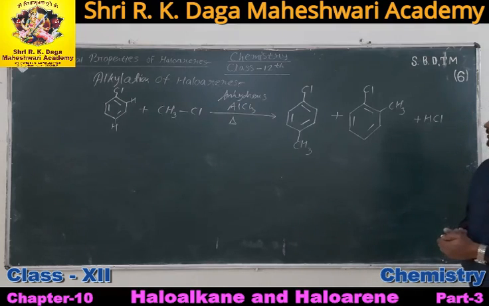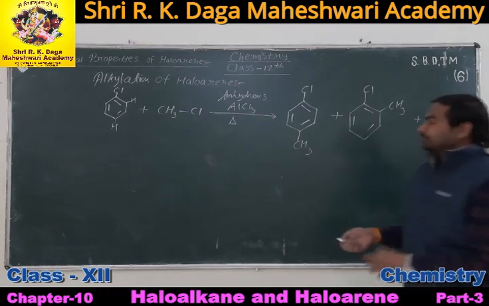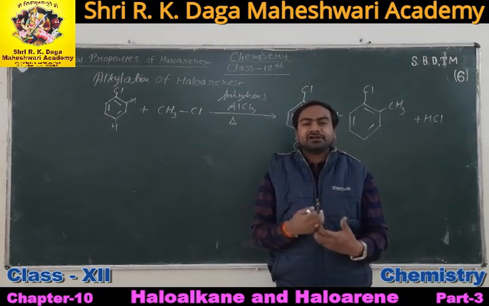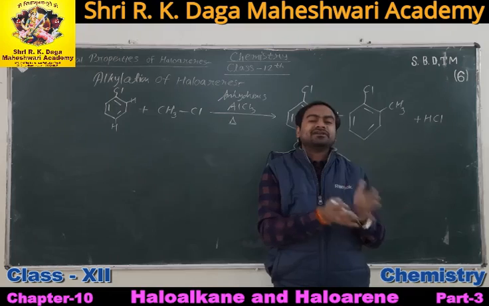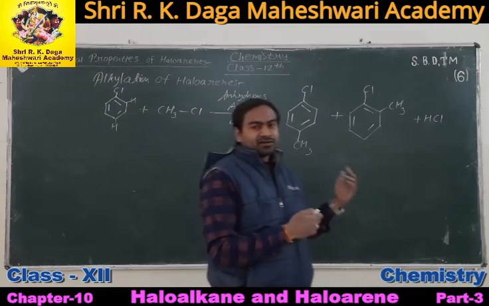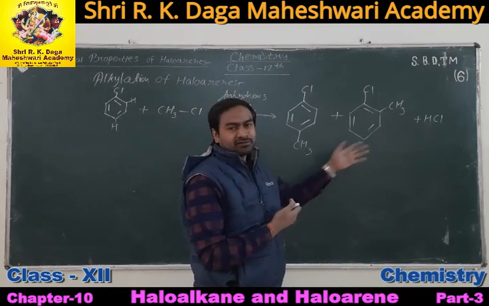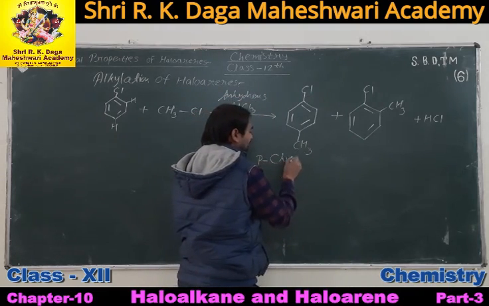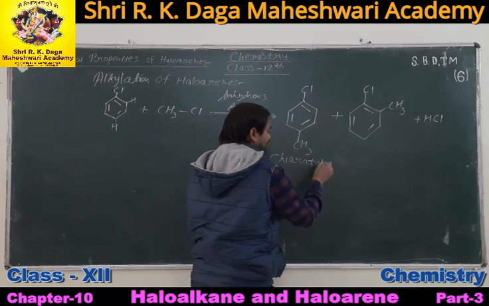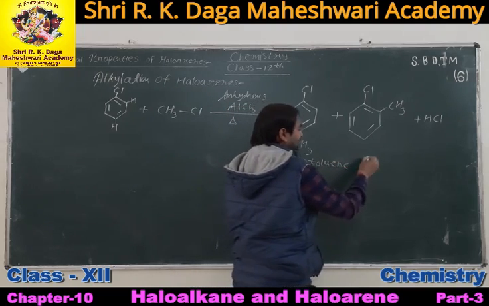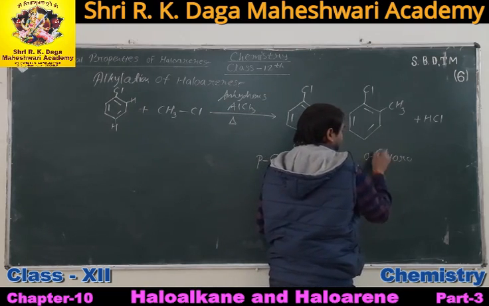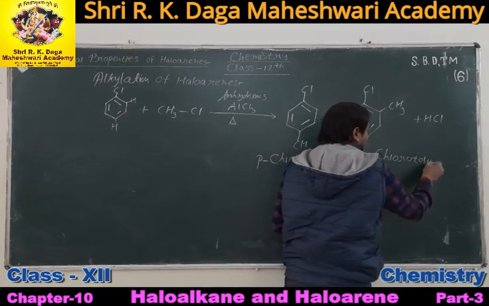Whenever the CH3 is attached with the benzene, it is known as toluene, as toluene is the industrial name. So these are para-chlorotoluene and orthochlorotoluene. This is para-chlorotoluene and this is orthochlorotoluene.